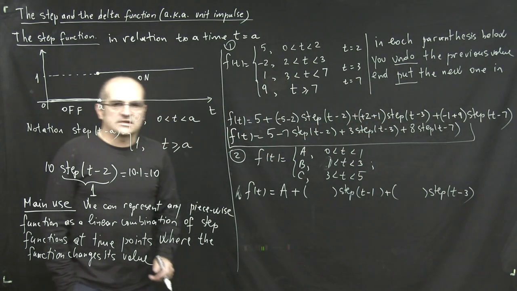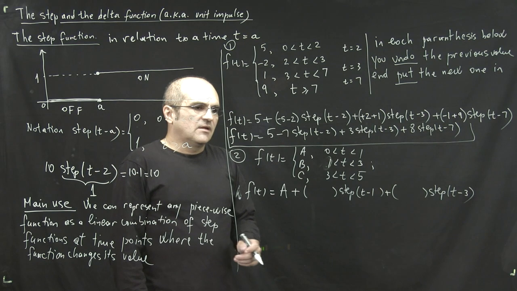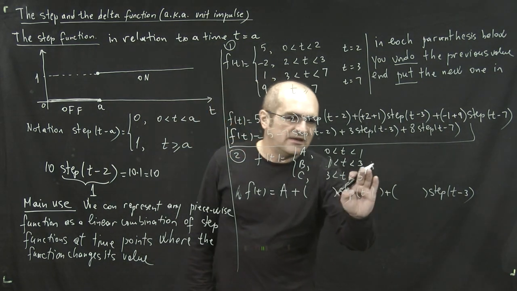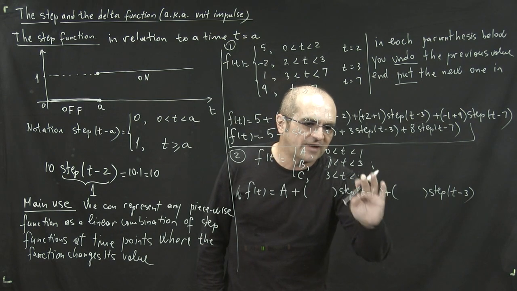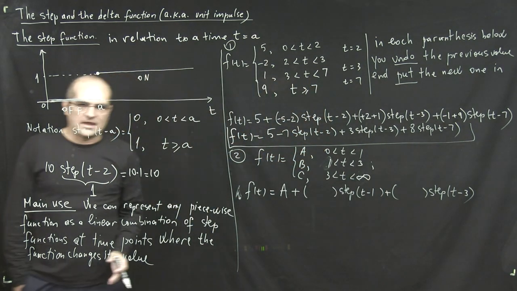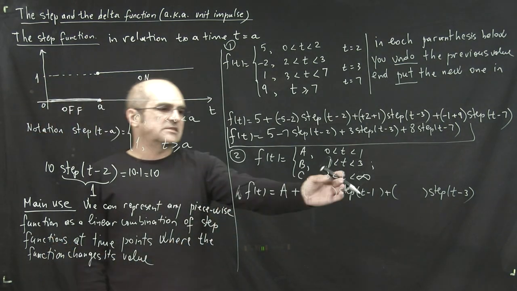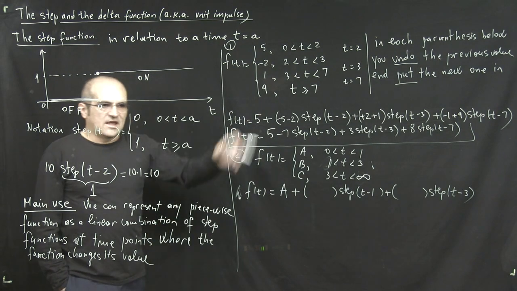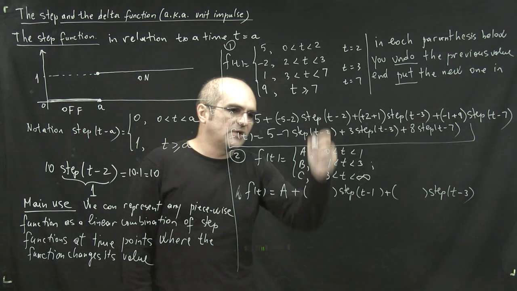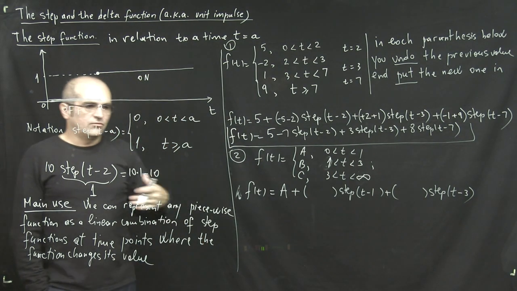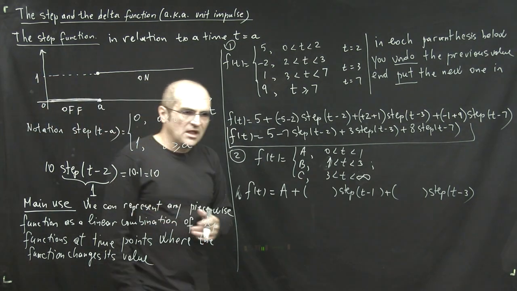So be careful here, because sometimes, actually let's say t less than infinity here, because I want to define the function for the whole real axis. Usually the last one is like t greater than 3 and on, right? I mean, t doesn't have any right bound here, because you want to define the function for the full positive timeline.